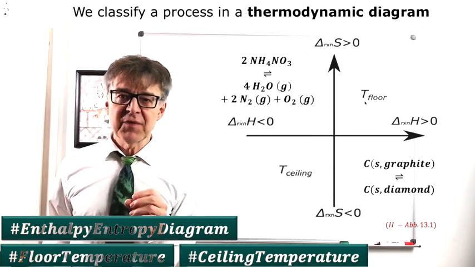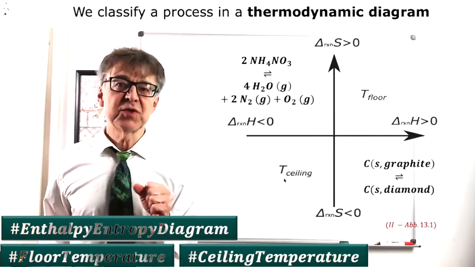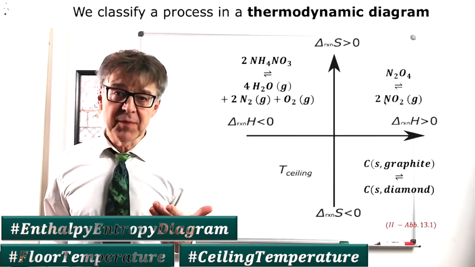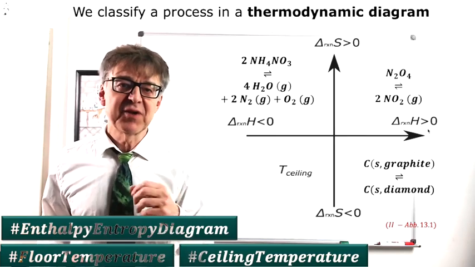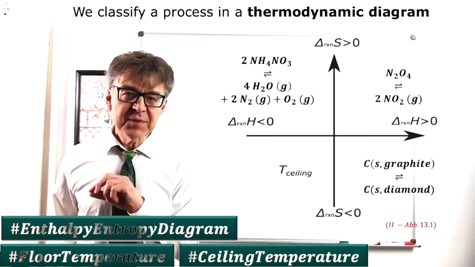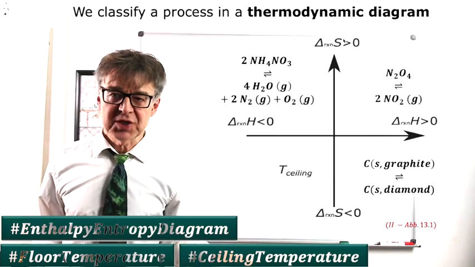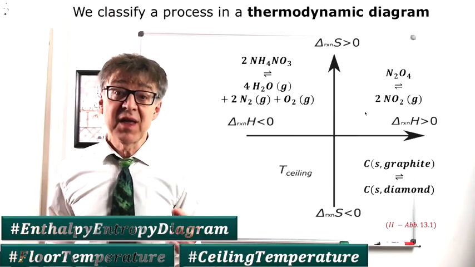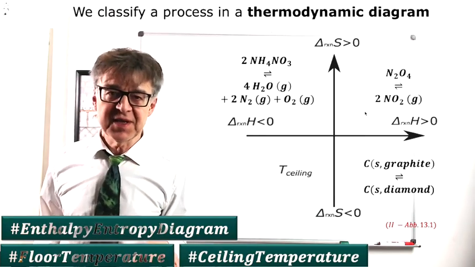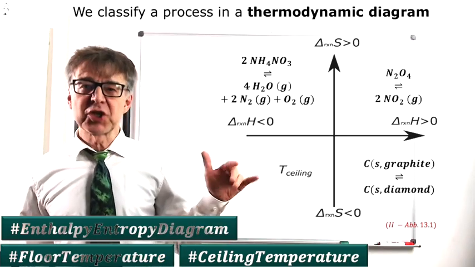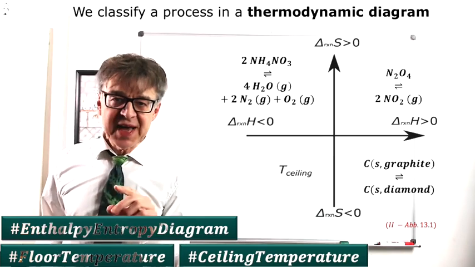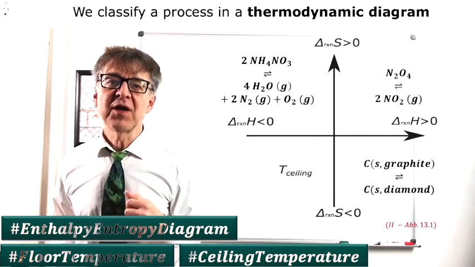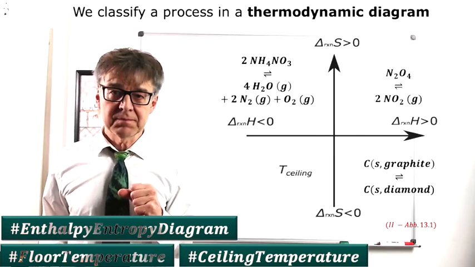The decomposition of N2O4 into NO2 is endothermic, energy being not with us, but endotropic, entropy being with us. This means that at low temperatures, where energy has the upper hand, the reaction has no standard affinity, but at a high temperature it does. The temperature at which the sign of affinity changes is called the floor temperature.